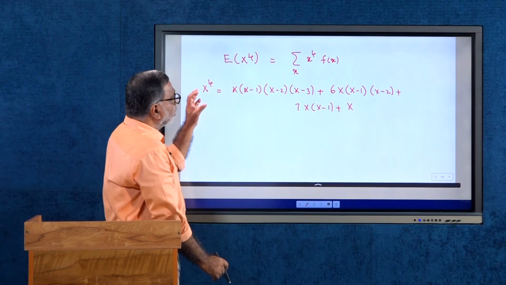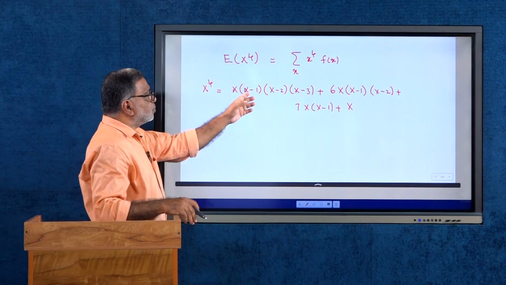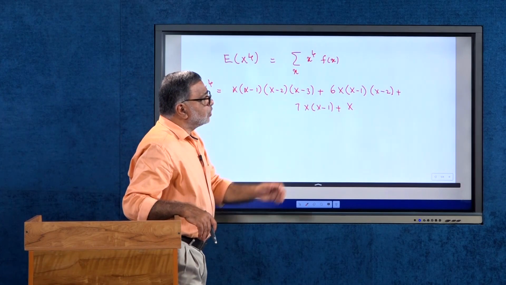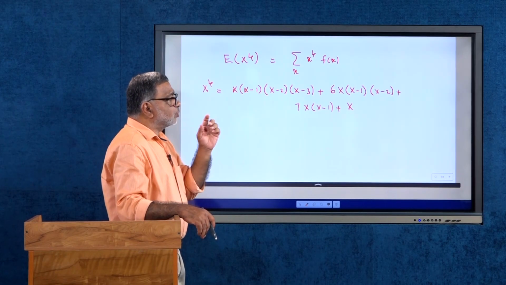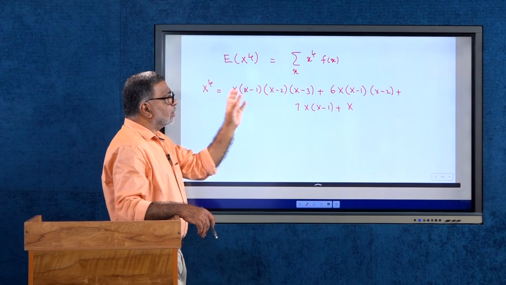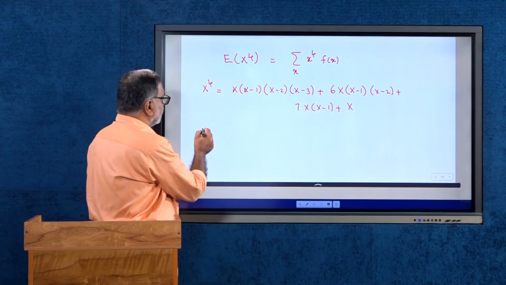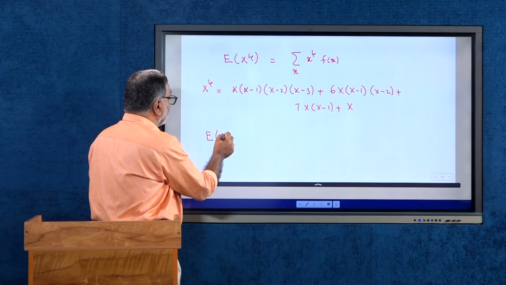That is, we are representing x power 4 as x into x minus 1, x minus 2, x minus 3 plus 6x into x minus 1, x minus 2 plus 7x into x minus 1 plus x. You can write x power 4 like this. Substituting this, you can have the value of expectation of x power 4.